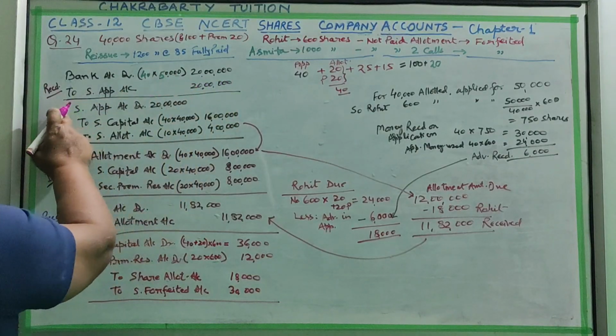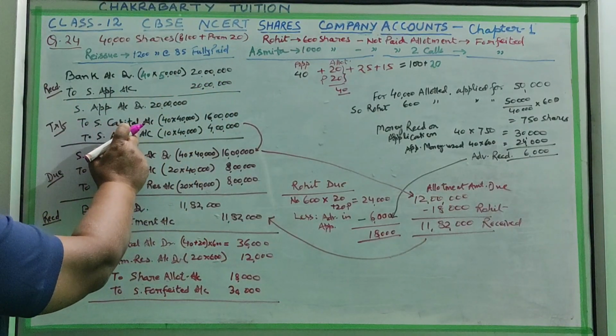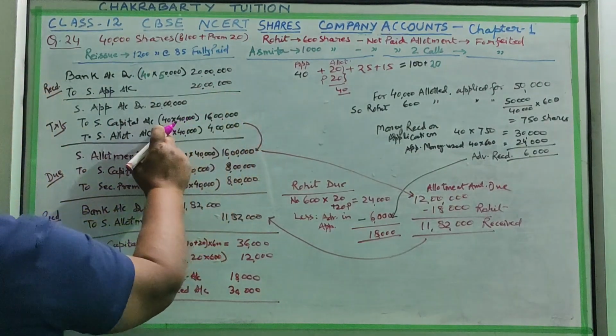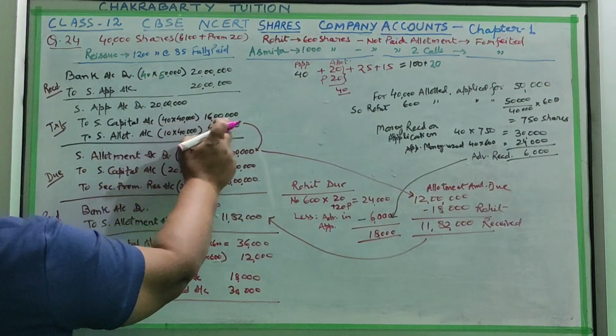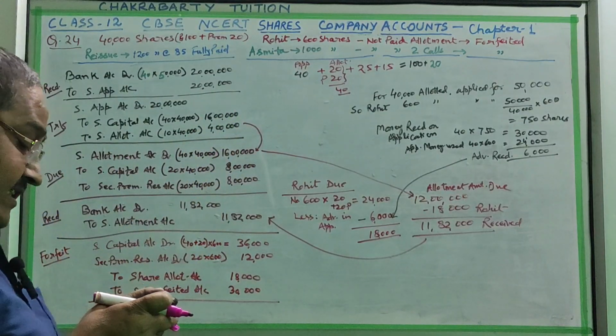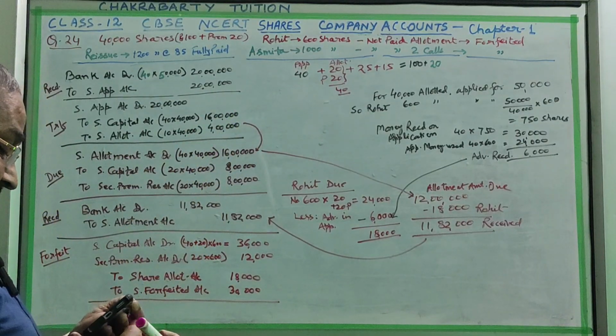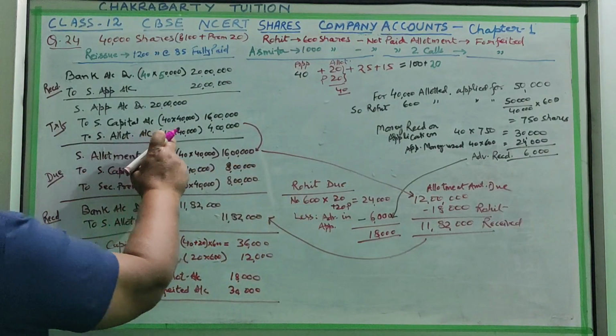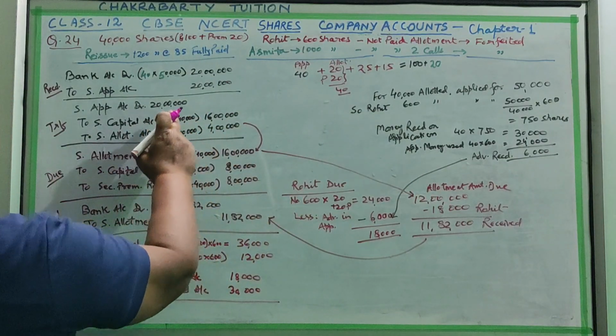Now from share application we will debit and capital we will transfer, because 40,000 shares are there, application money is 40. So 40 into 40,000 shares, it comes to 16 lakhs. The rest, they are saying, is kept as excess money on application adjusted against allotment. So excess money, how much have you received? You have received on 50,000 shares, so 10,000 shares is excess.